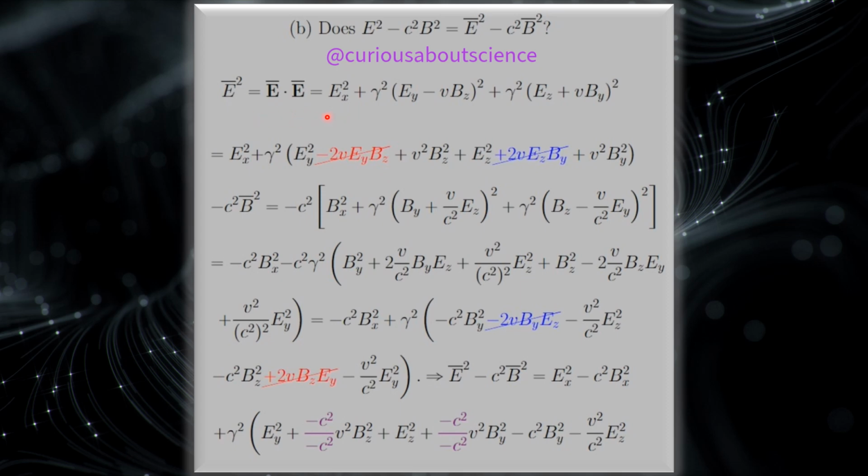So just like we did in part A, plug in the transformation rules. We see that we get ex squared, the transform ey squared, the transform ez squared. Since it's a dot product with itself, go ahead and factor that gamma out to see the cross terms canceling again. We like to see that.